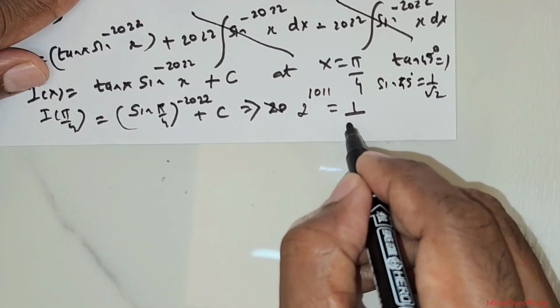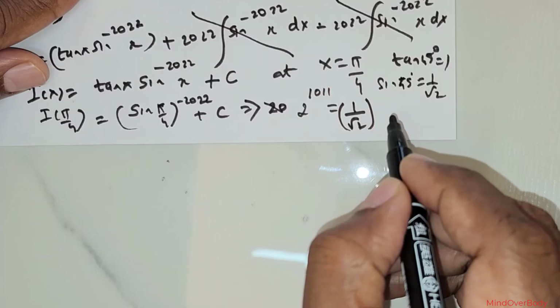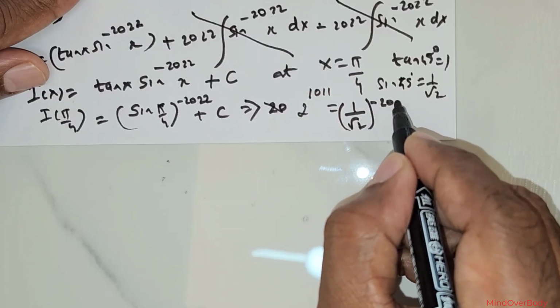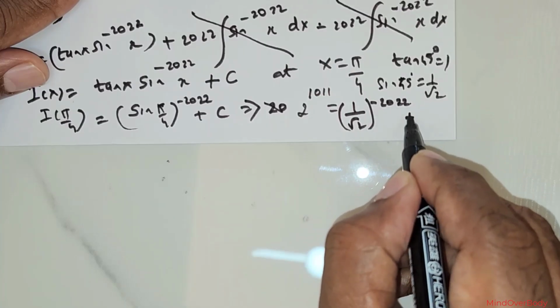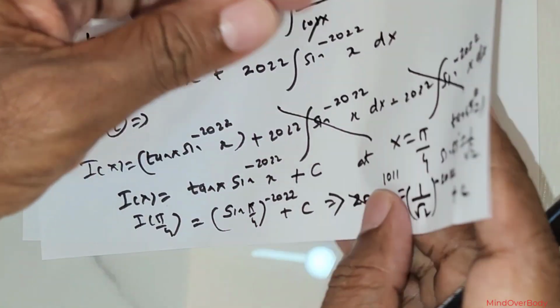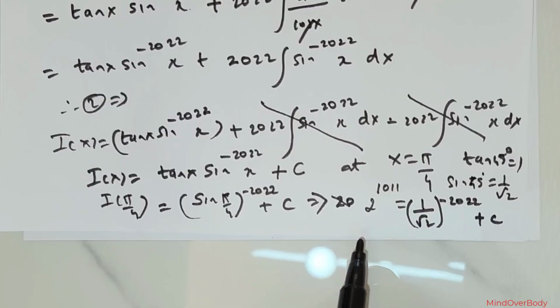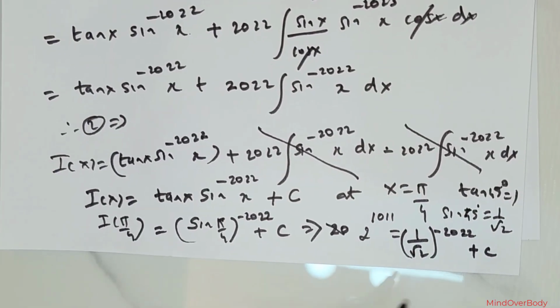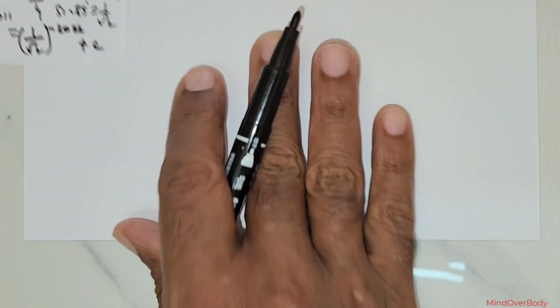So I have 1 over root 2 raised to the power of negative 2022, plus the arbitrary constant c. So let me move to the next page. I hope you have followed this part. Okay, so I'm going to the next page.